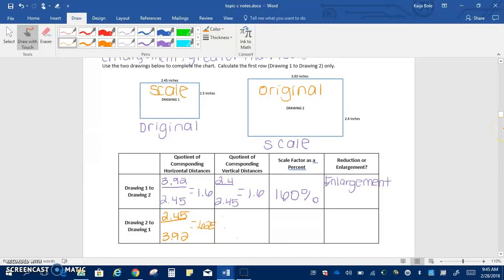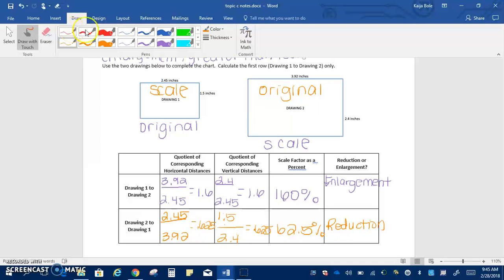Instead, we would have 1.5 over 2.4. And again, you would get 0.625. And if we change this to a percent, this would be 62.5%. Because it's less than 100, that means this is a reduction.